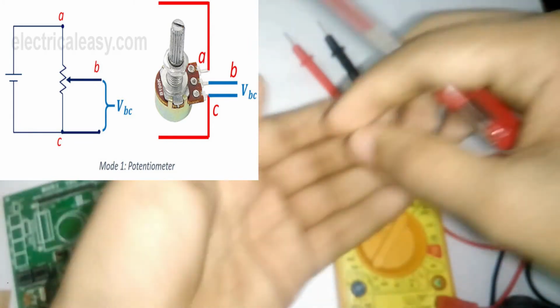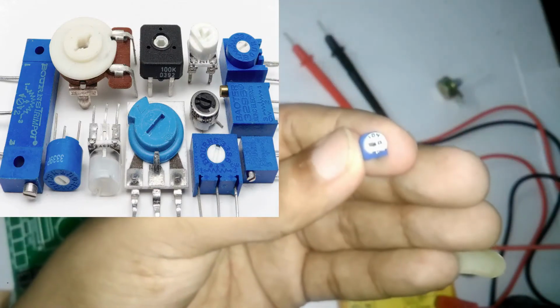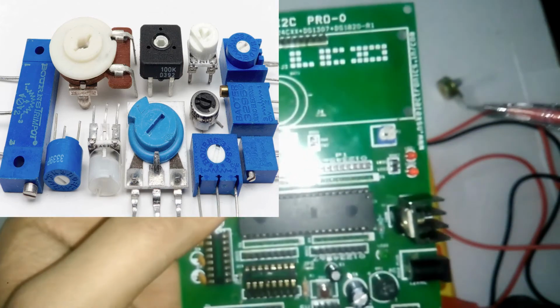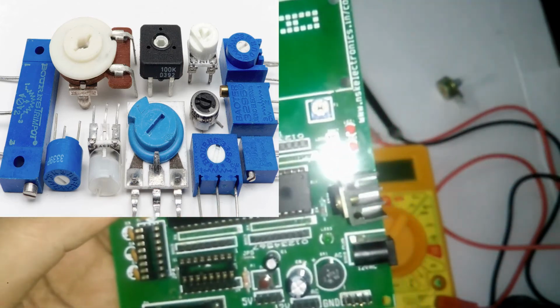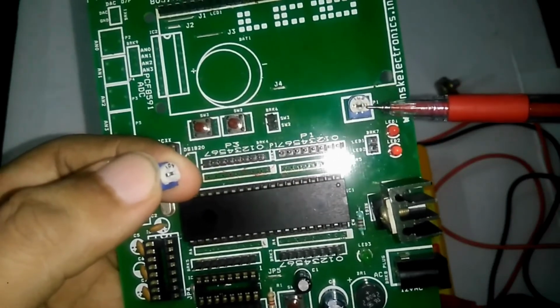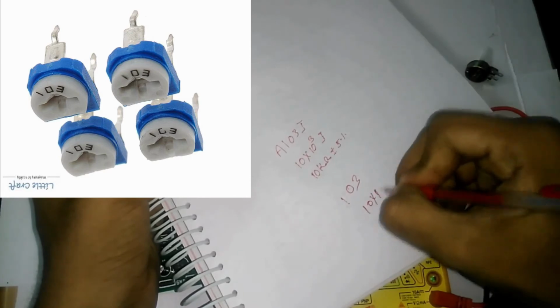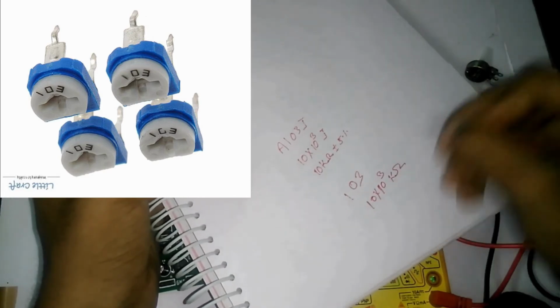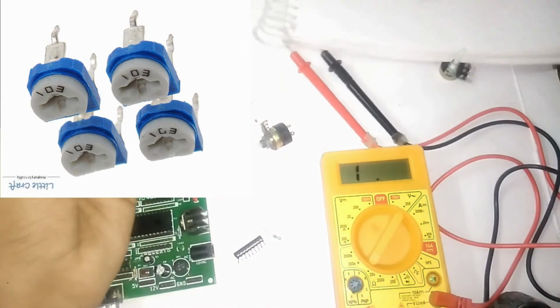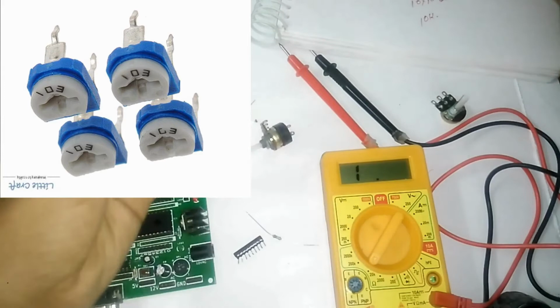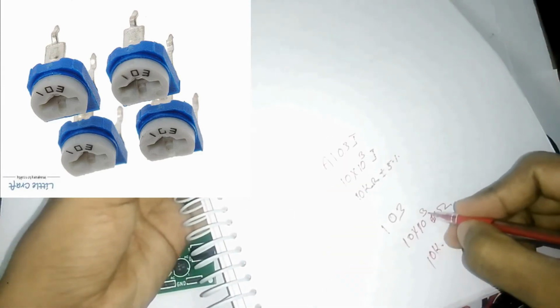And here is the next one. This one is used for embedded systems, on this kind of circuit board. Here the value is 103. This 103 means 10 into 10 to the power 3 ohm, which means 10 kilo ohm.